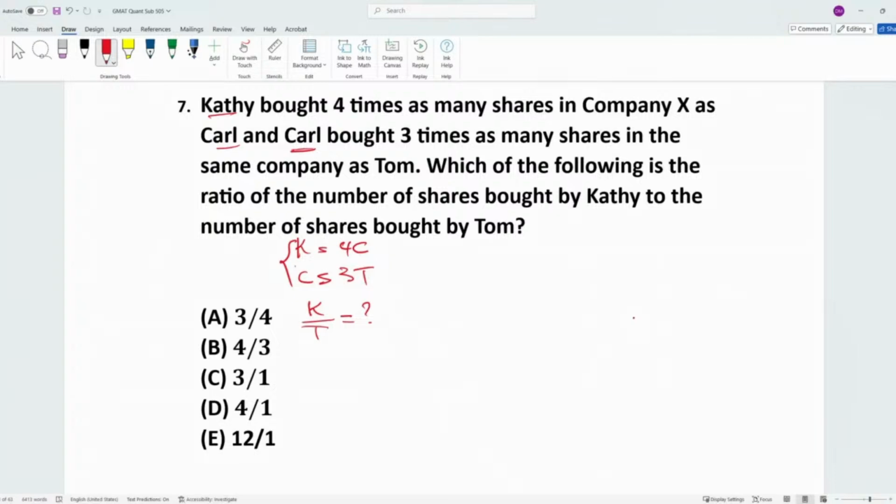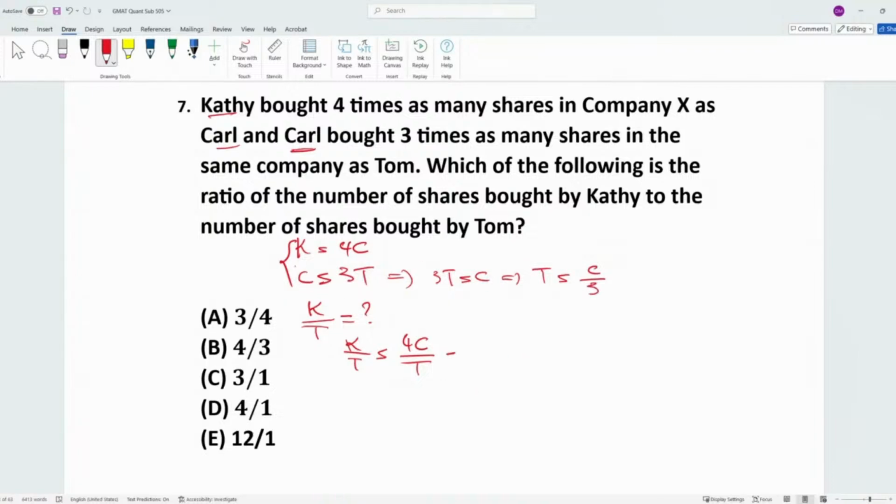So one thing that we can do is to simply say here, K is equal to 4C, so we can say 4C over T. And we are going to try to find the value of T in terms of C. We can simply say here that 3T is equal to C, then T is equal to C over 3, basically.